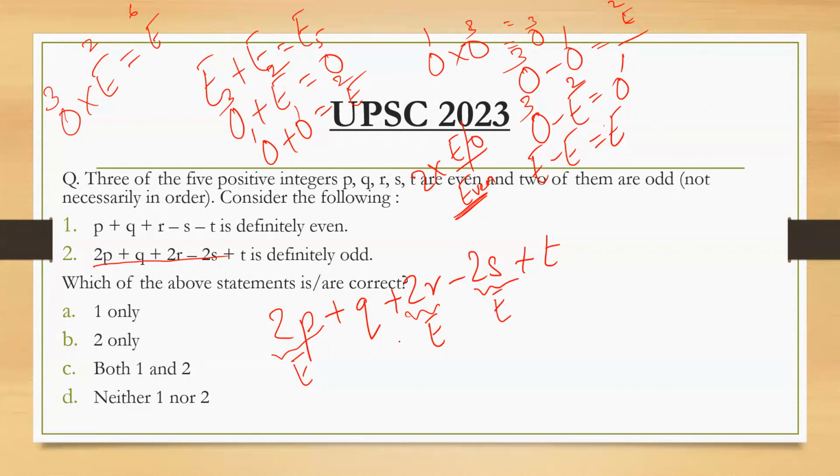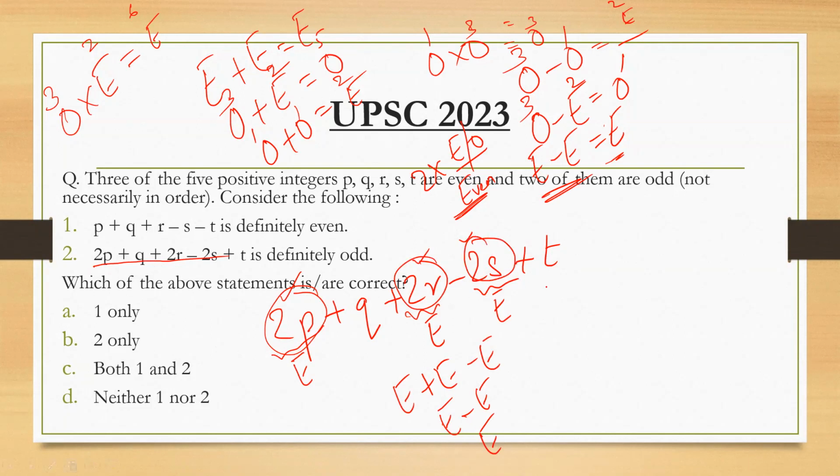That means, if I just take these three, even plus even minus even. Even plus even will be even, minus even, we have seen, this is again even. So that means 2p plus 2r minus 2s, whatever its sum is, that is even. Then we are left with what? q plus t.